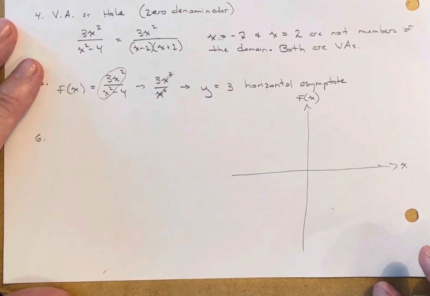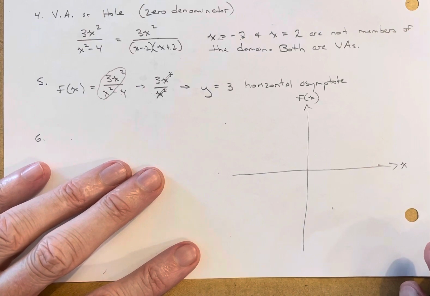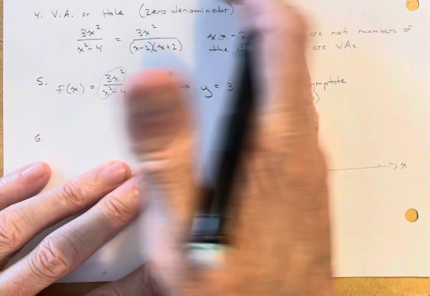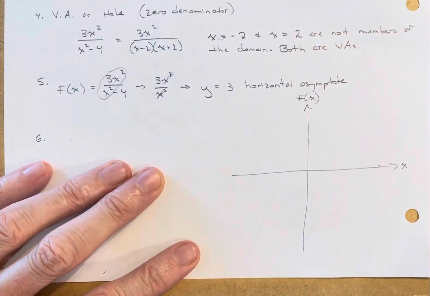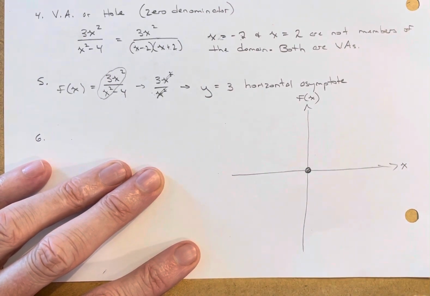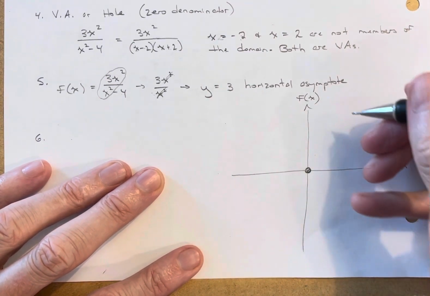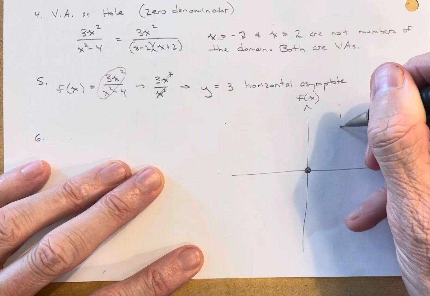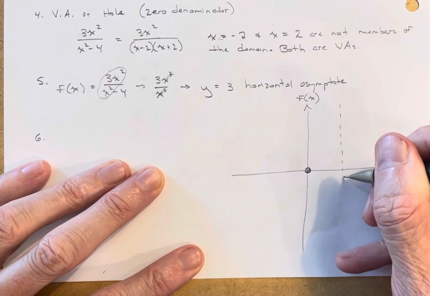Okay, what do we know? We know we have y-axis symmetry. So we're going to note that we're going to have symmetry about the y-axis. We have a y-intercept and an x-intercept at 0. So those are my two intercepts. I have a vertical asymptote at x equals 2.